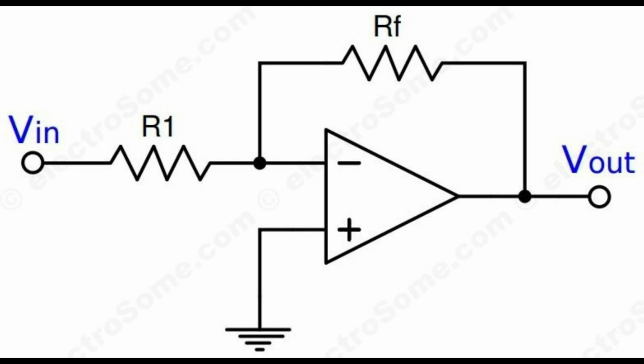Assuming a suitable resistor for Rin or R1, you just design a feedback resistor, then your design of an amplifier is complete. This feedback resistor RF actually forms a negative feedback. This type of feedback is called negative feedback.